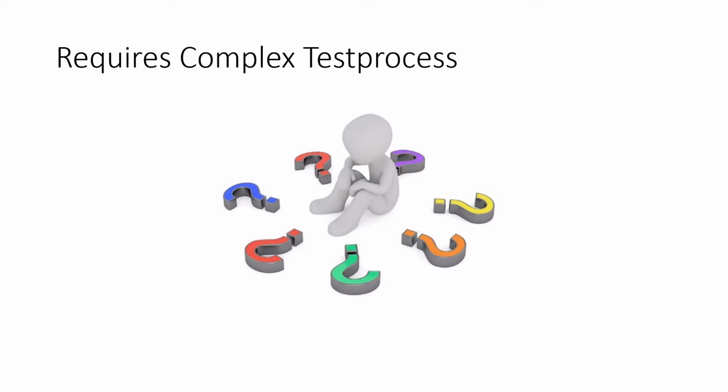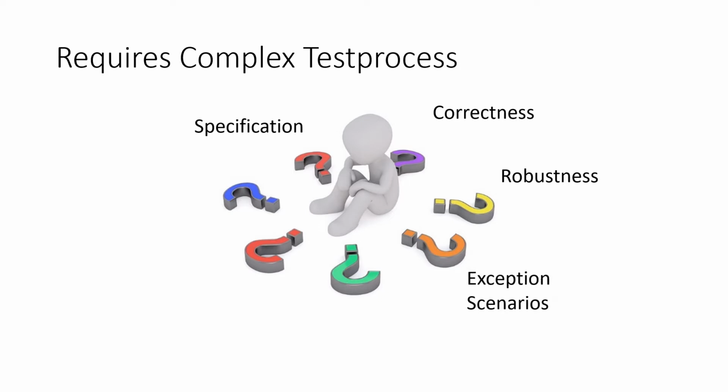Instead, we're considering a complex test process as is common in software testing, especially when it comes to larger systems. So based on a clear specification, it's about validating the correctness of the system, how robust it behaves in different circumstances, how the system deals with exception scenarios, if all equivalence classes are supported as expected, if we achieve a desired test coverage, or whether the system also works at its boundaries.